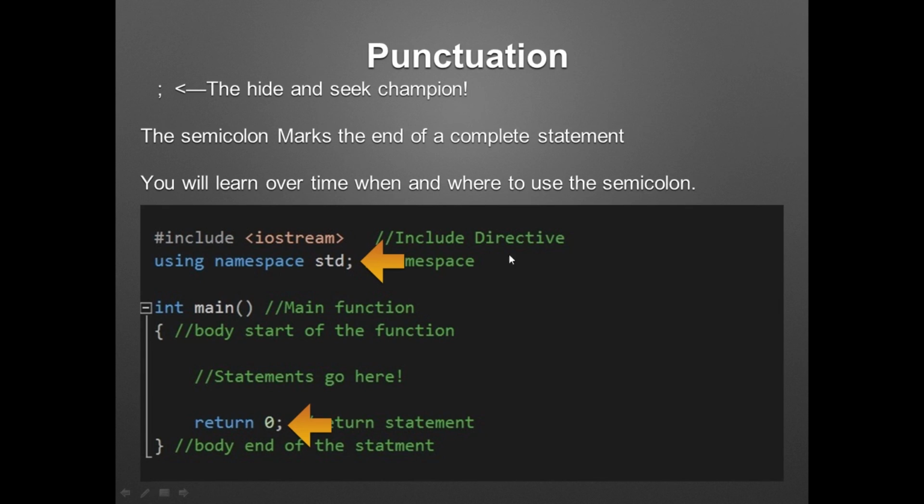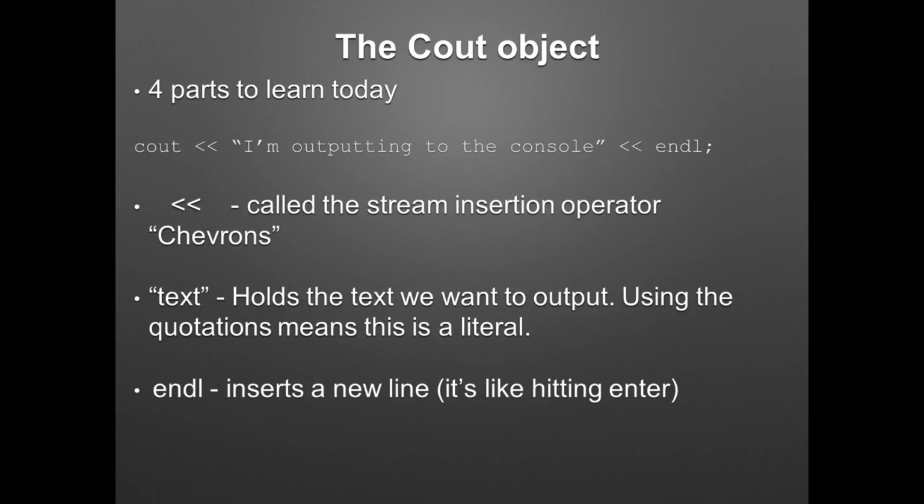So when you're running your program and you can't figure out what the problem is, look for this little guy in the wrong spot or missing altogether. He truly is the best hide and seek champion. Don't be frustrated. It's just something you're going to go through until you get a little more skilled with it.